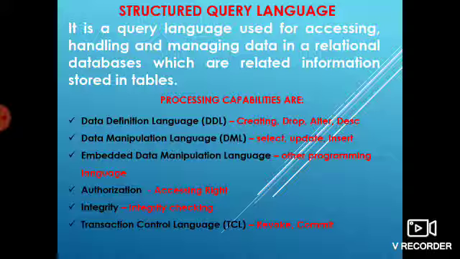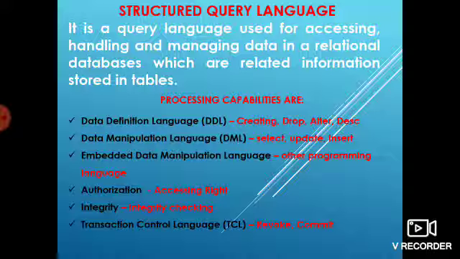So in class 12, here it is a language used for accessing, handling and managing data in relational databases, which are actually related information stored in tables. Now, what are the processing capabilities?